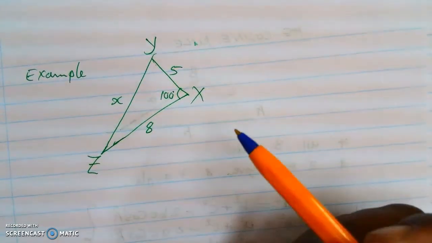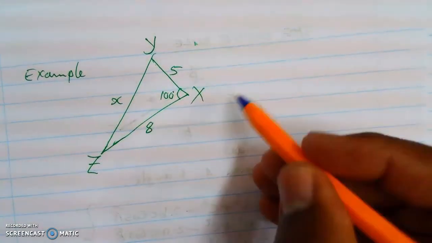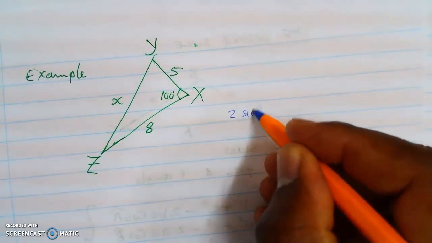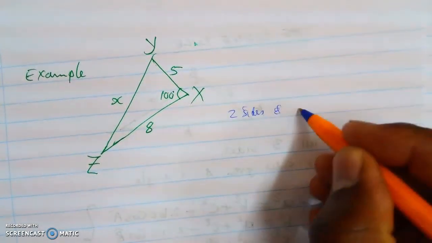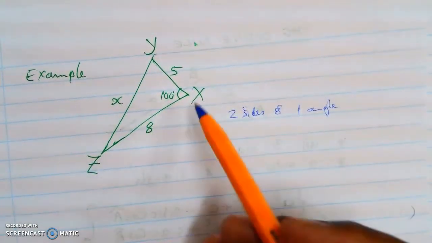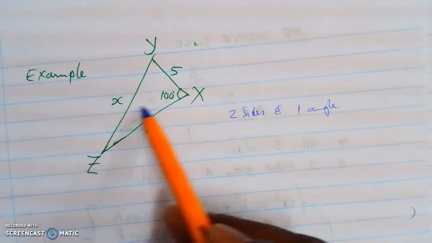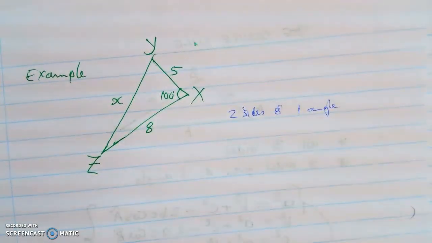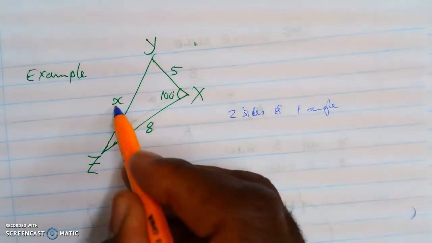Let's work through an example. This is a situation where you have two sides and one angle. And if you look, you do not have a complete pair. So that's when we use the cosine rule. We want to find this one.